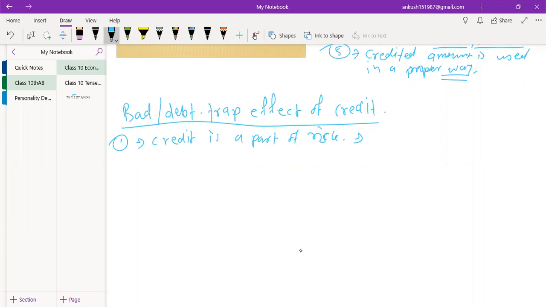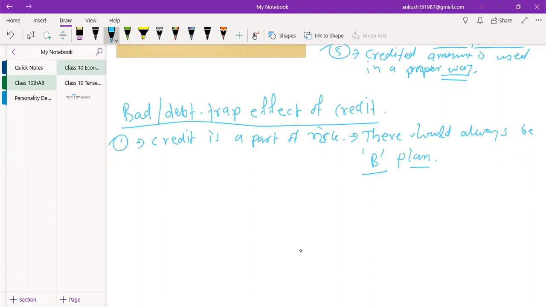Whereas you are borrowing money from somewhere else, so there should always be a B plan.